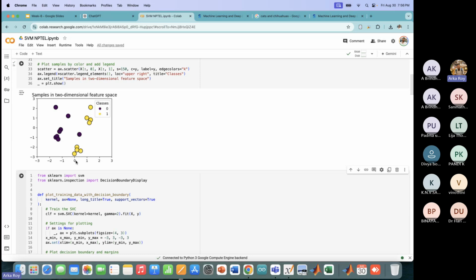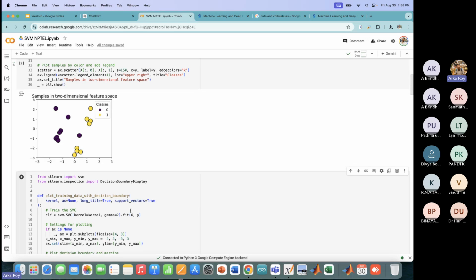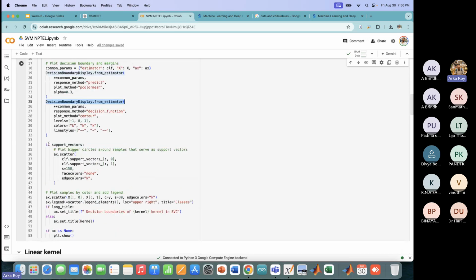The margin will be maximized based on the support vectors, so that is why we intend to see them. This particular method deals with finding the support vectors. And then you plot all the data, and you have a legend showing the classes, either class 1 or class 0, and the title as well.